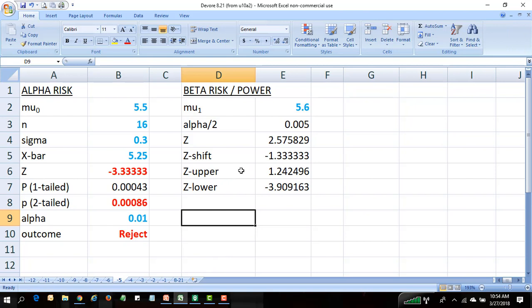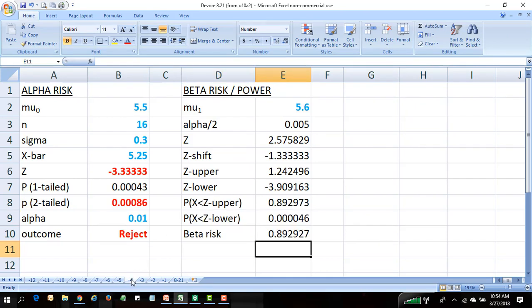So we can go ahead and take the upper and lower z that we had and calculate the probabilities. The probability of being to the left of that upper 1.25 is 89%. The probability below the lower is a very small percent. So the beta risk is 89.3%.